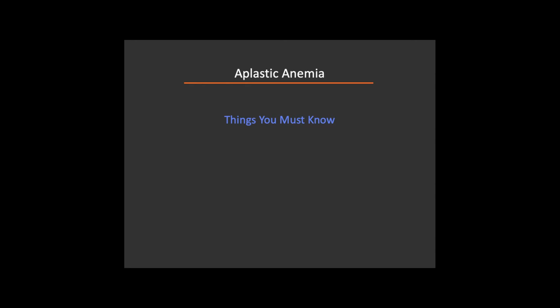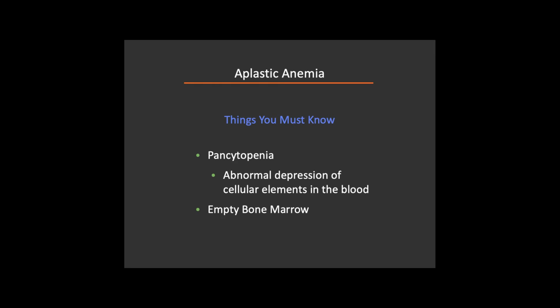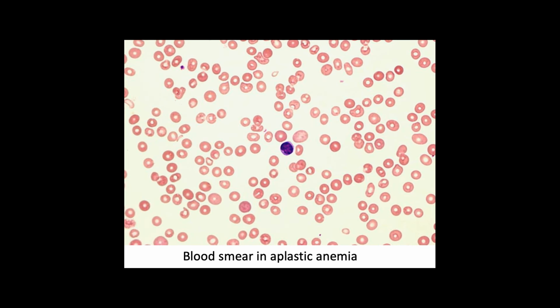The next type of anemia is called aplastic anemia, and things you should know about this are pancytopenia occurs, and that's an abnormal depression of the cellular elements in the blood, so there's not as many, and you have what's called empty bone marrow. So this is a blood smear in aplastic anemia.